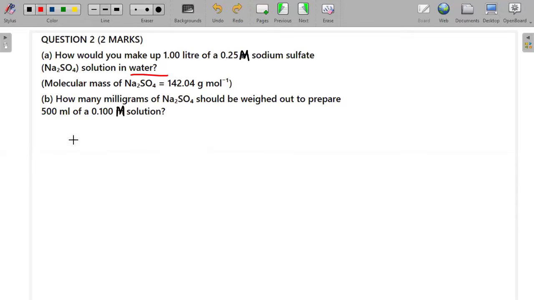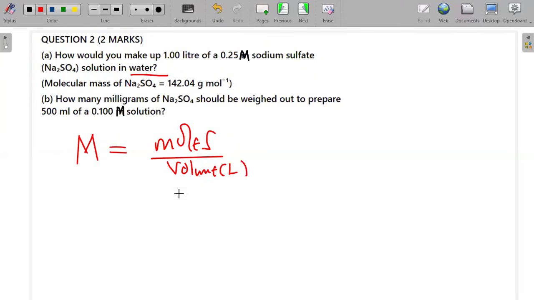I know that molarity is equal to the moles of solute divided by the volume, and this volume should be in liters. Here I've been given the molarity, which is 0.25 molar, and the volume, which is 1 liter.